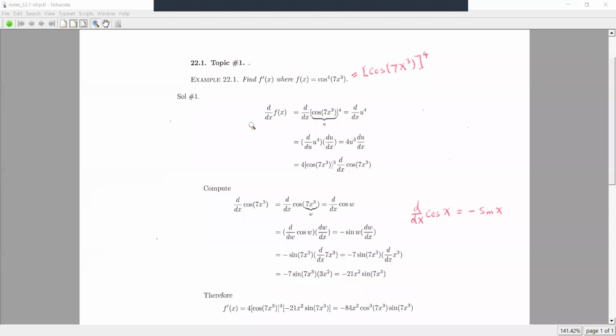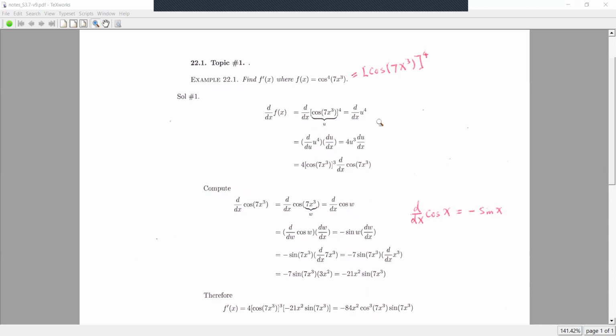Solution 1, take derivative on function f, then plug in this function in function f to get this equation. Because this power function is complicated, I want to simplify the function. I let u be the base, cosine of 7x to the third. Then the power function becomes very simple, just u to the fourth.